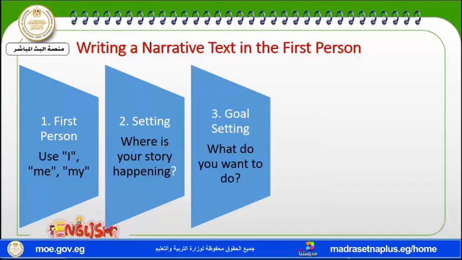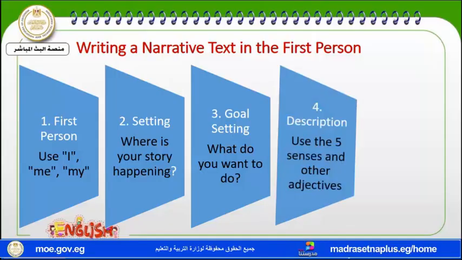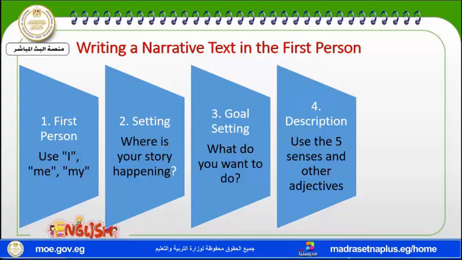Next, you have to tell us what you want to do. Why are you writing this story? While describing in your narrative, you need to use the five senses. What are the five senses? The five senses are see, hear, smell, taste, and touch.